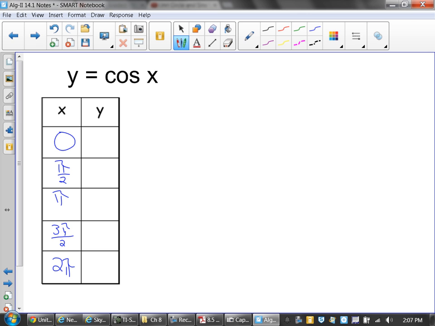Cosine starts at 1, goes to 0, negative 1, 0, and back to 1. It's going all the way around the circle. The time it takes to go all the way around is the period. It's 2 pi.